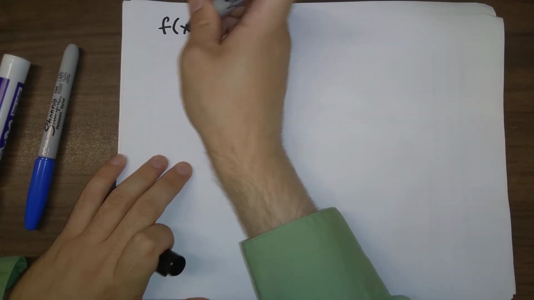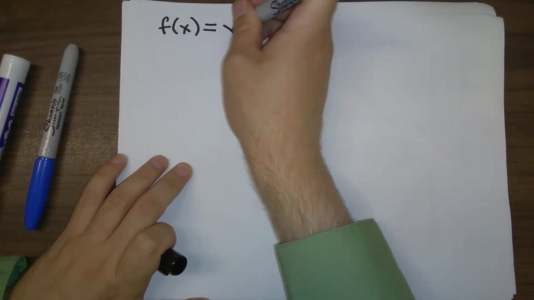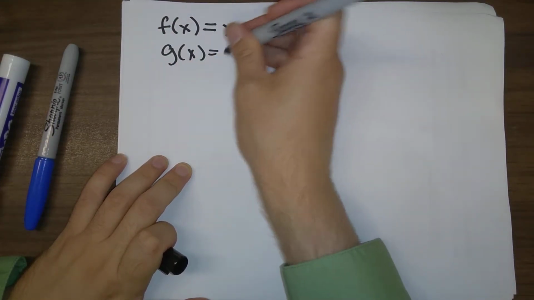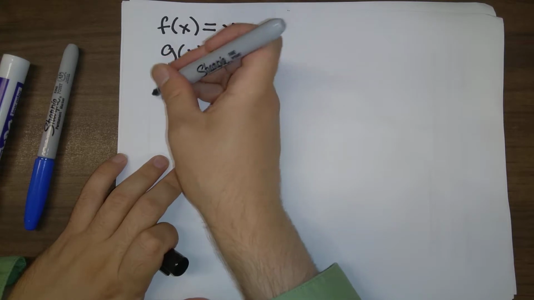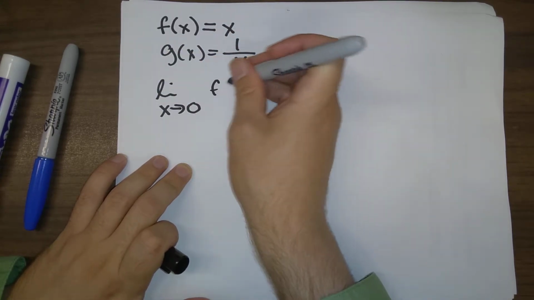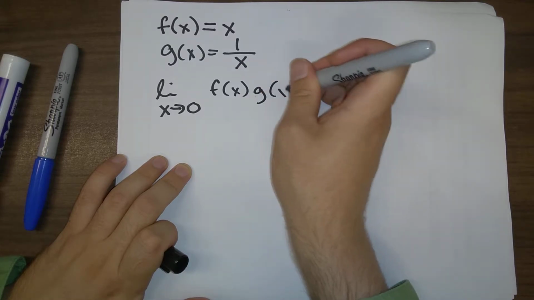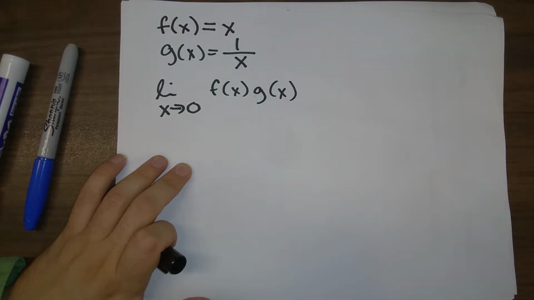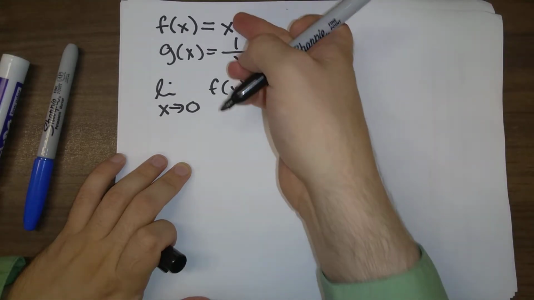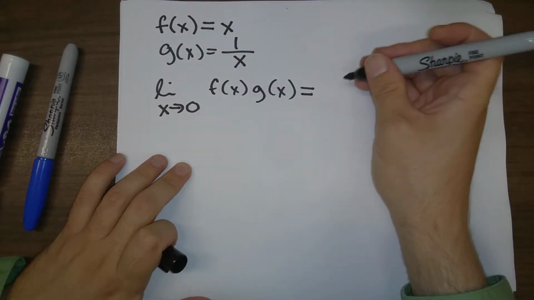Namely, let's think about what happens to the following limit if we let f of x be x, and we let g of x be 1 over x, and we think about the limit as x goes to 0 of f of x times g of x. On the one hand, we can just do this without too much difficulty by plugging in what x and 1 over x are.